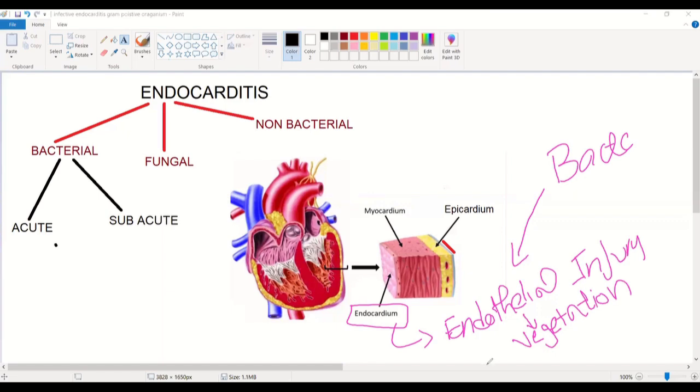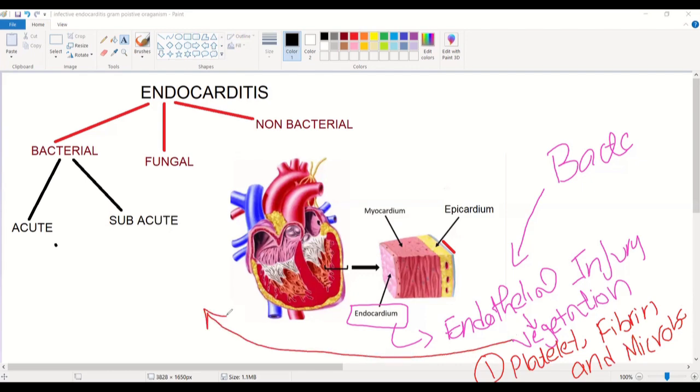Vegetation consists of platelets, fibrin, and microbial products. So these are the main three components of vegetation. This vegetation is the culprit of the pathophysiology of endocarditis.